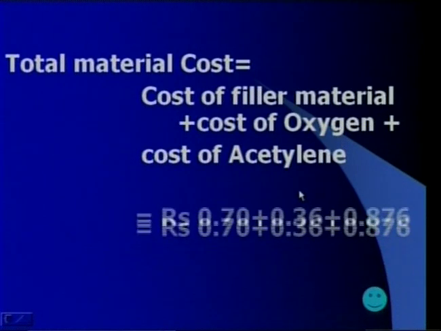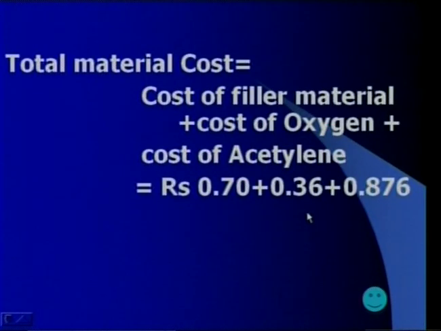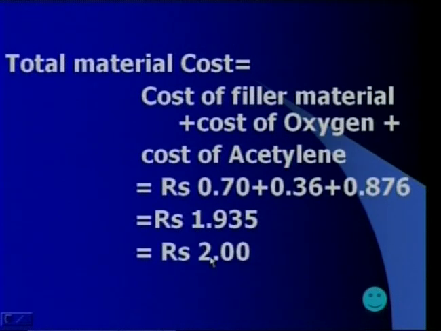So if we add all these, that is 0.7 rupees plus 0.36 rupees plus 0.876 rupees, we get the total cost as 1.935 rupees. We will make this a round figure. 2 rupees is the total material cost used for this welding. So this is how we can calculate the cost of welding in this gas welding setup.